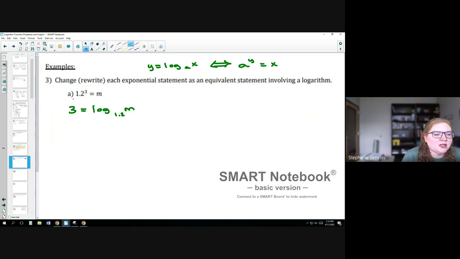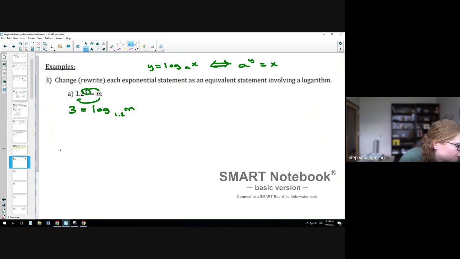So you can kind of think of it as a circle, if you will. So it's the exponent that is equal to log of m, and the base is 1.2. So 3 is equal to log base 1.2 of m.